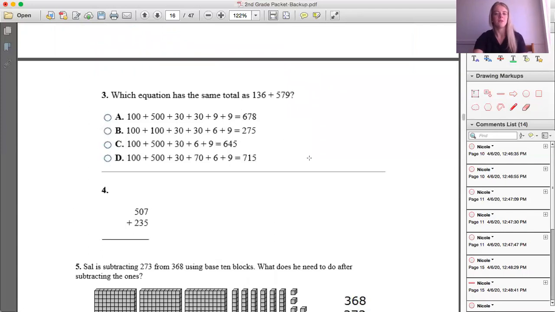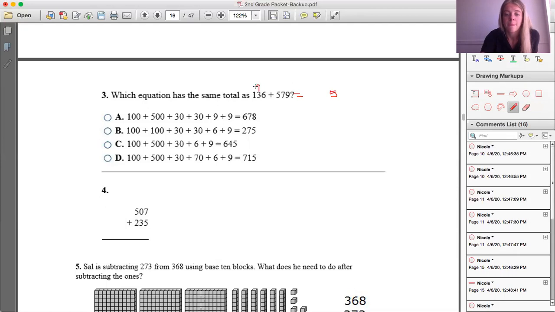Number 3, which equation has the same total as 136 plus 579? If I were you, I would first add these two. So if we're using mental computation, 9 plus 6 is 15.